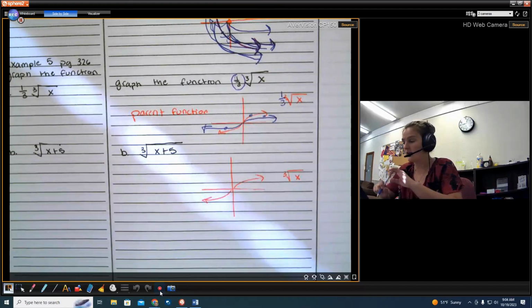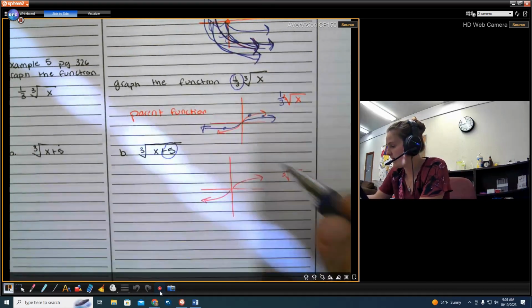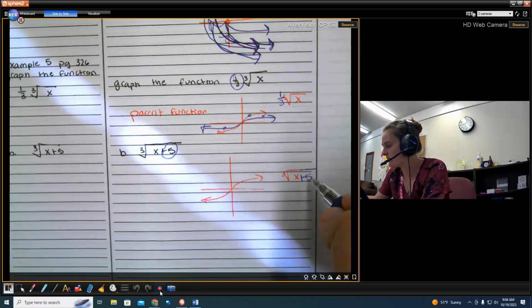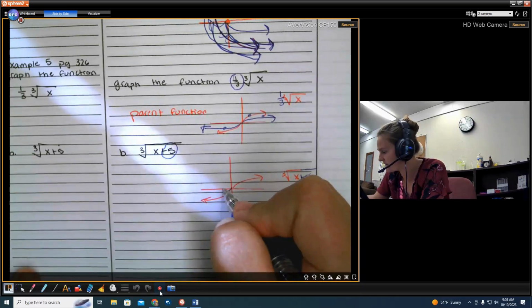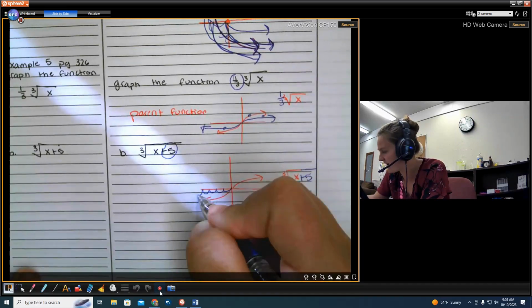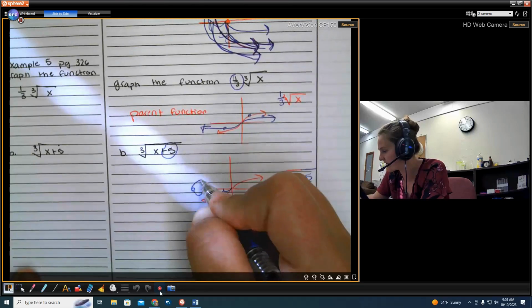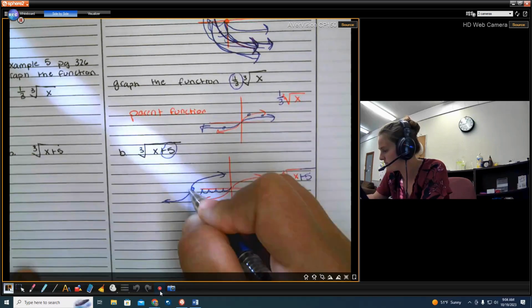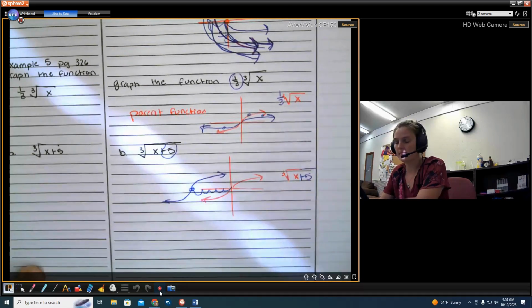And the only thing that's happening, I'm going to put in blue, is my plus 5. And that is grouped inside with the x, so it's going to move left and right. It is a positive, so it's going to move left. So we're going to move this 1, 2, 3, 4, 5. And we're going to graph the exact same thing over here. So this would be our new function.